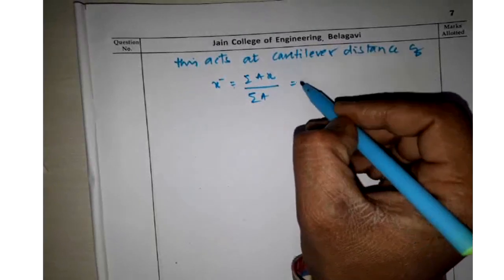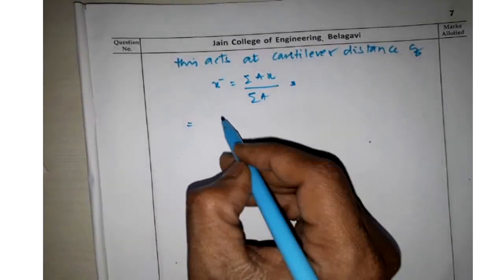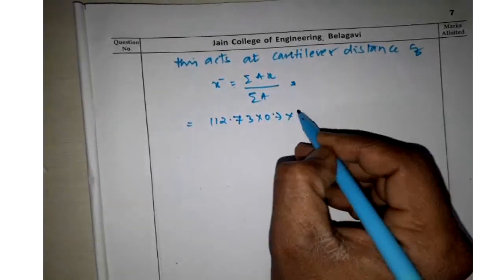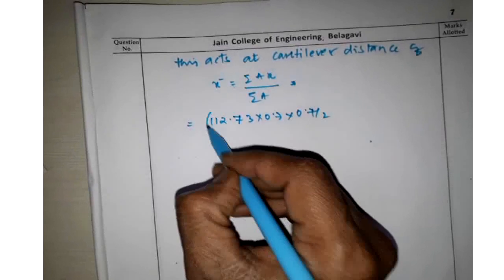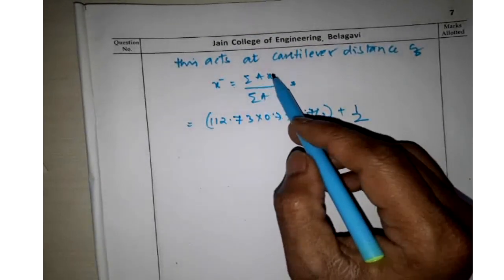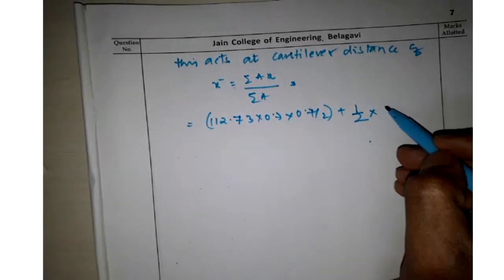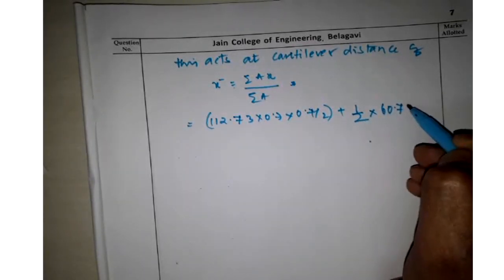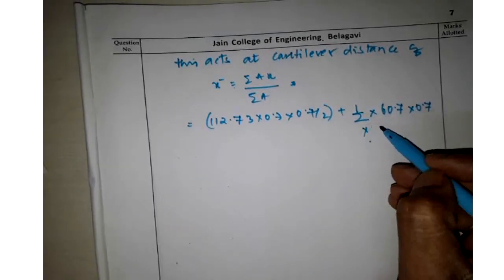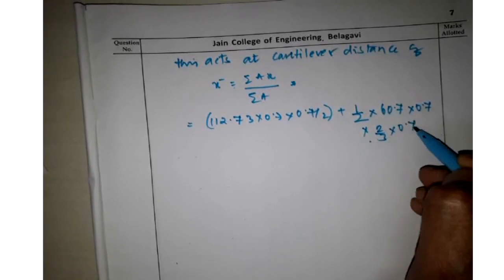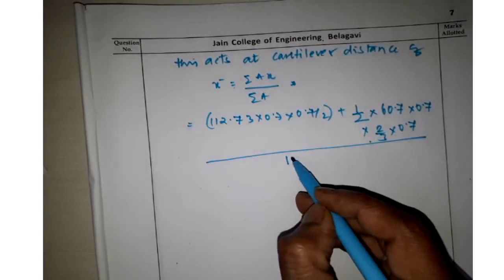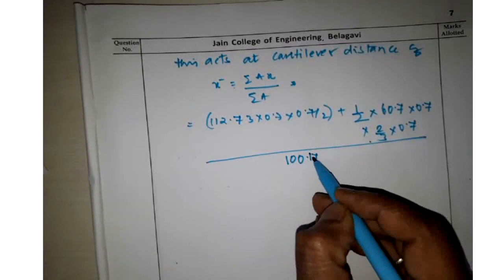Okay, that is here I'll rewrite. So 112.73 into 0.7 into 0.7 by 2. So this is for rectangular part, and triangular part we have area into x bar, half into base 60.7 into height, half base height into 2/3 of 0.7, divided by the total area, total force 100.171 already we have calculated.